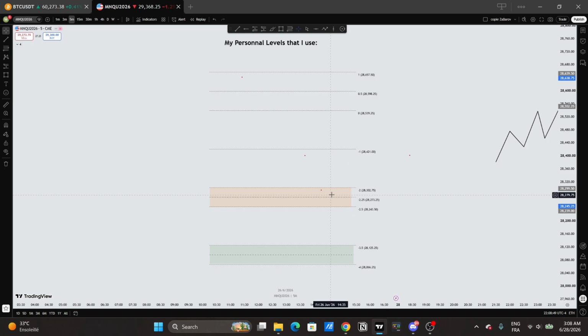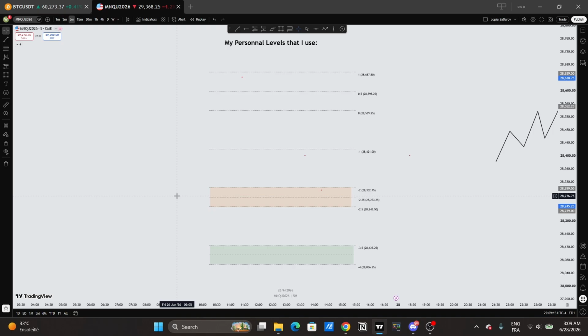And we have our major and important principal zone, the -2 to the -2.5, where if you're okay with a 2 or 3 RR trade, you can just cut your trade in this zone and be safe, because after this zone you never know what the market will do.